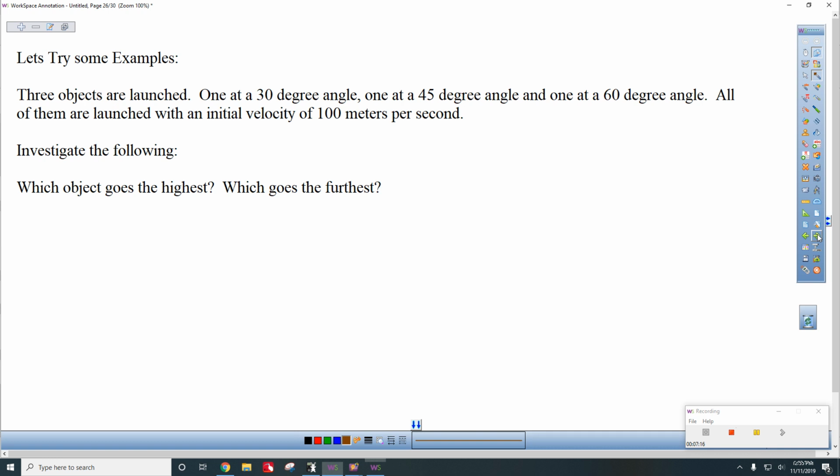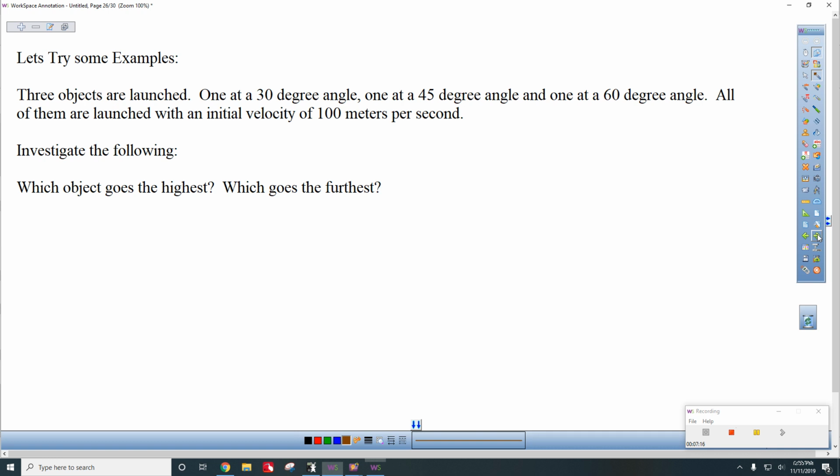Alright, now let's get at this tough problem. We've got 3 objects launched, at a 30 degree, 45 degree, and a 60 degree angle. Which goes the highest, which goes the furthest? Notice they're not asking for any specific answers here, so I'm just going to answer this question. This is where my last video went so bad. But let's take a look at this.